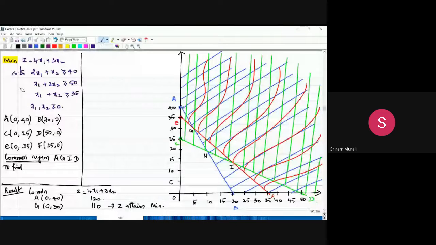So 2x1 plus x2 is equal to 40, and take this other line. G is the intersection between red and blue. Red is the last line, blue is the first line. So I can take 1 and 3 and solve for x1 and x2.